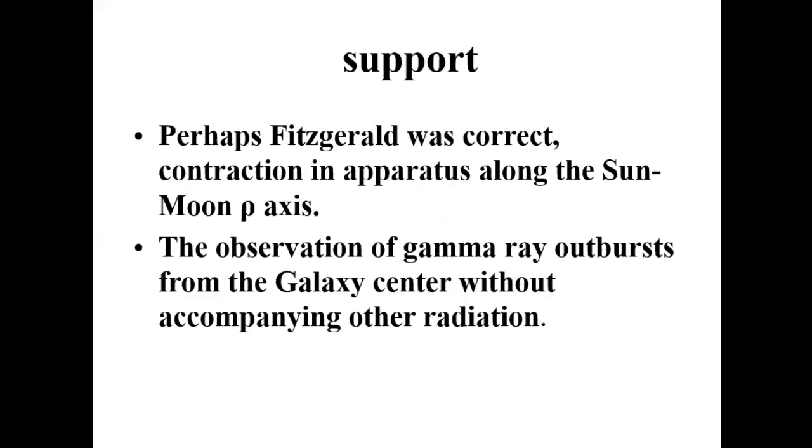Now, the support for this structure comes from a couple of different areas. One is, as we talked about, the Michelson-Morley experiment. Perhaps Fitzgerald was correct. That is to say, because we see that along the sun-moon axis the rho density changes, so too then must the length of photons and the size of electrons change with that.